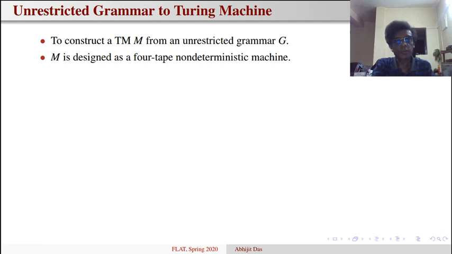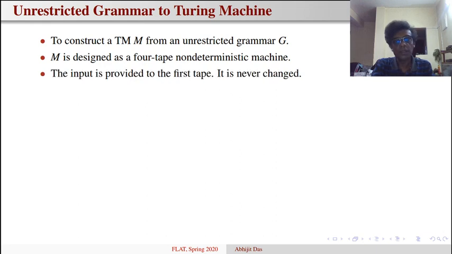The first tape will hold the input, and the rules of the grammar are embedded in the finite control of this machine M. The input occupies the first tape, nothing else will be there, and this is never changed.